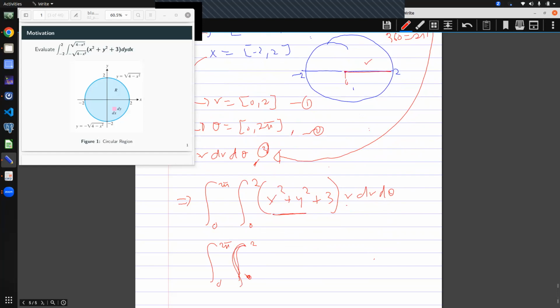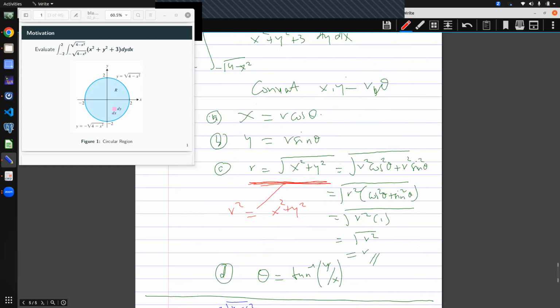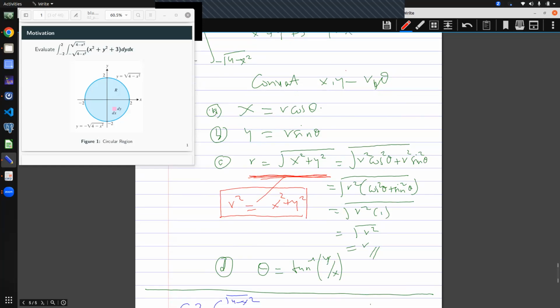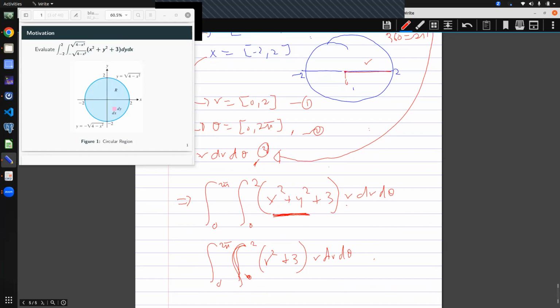What do we see? x squared plus y squared. From our conversion here, we said that x squared plus y squared is equal to r squared. So by substitution, I'll have r squared plus 3 times r dr d theta.